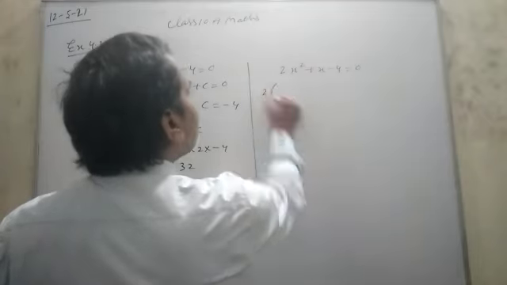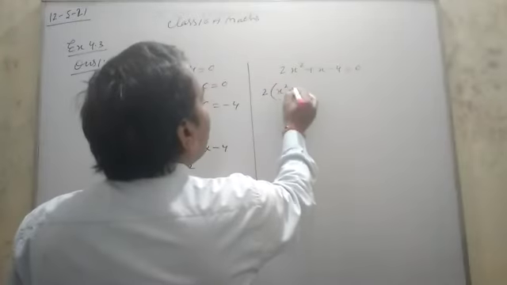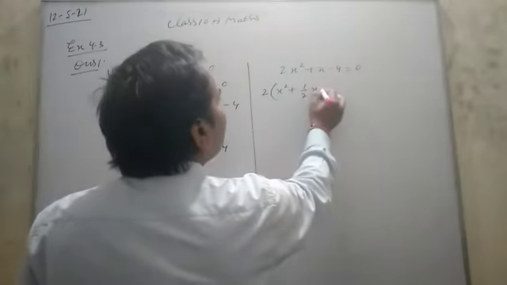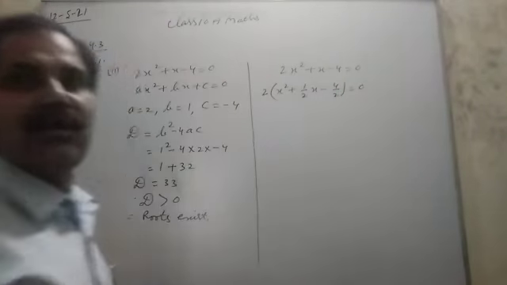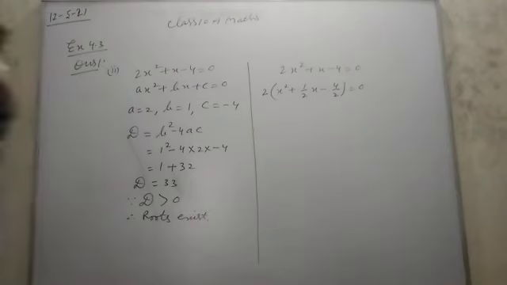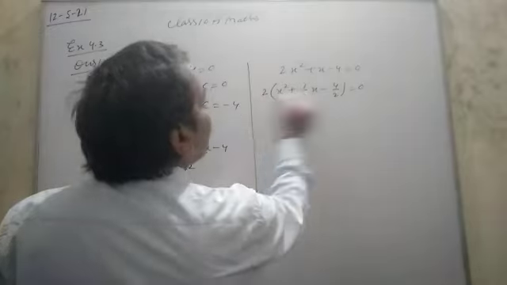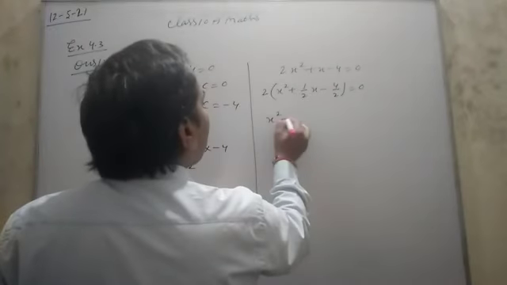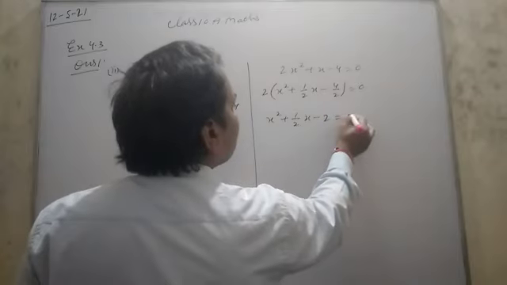So here 2 is given, so you take 2 common from the whole equation. So x square and here 1 by 2 x minus 4 by 2 is equal to 0. So 2 take common. Okay. So divide by 2.